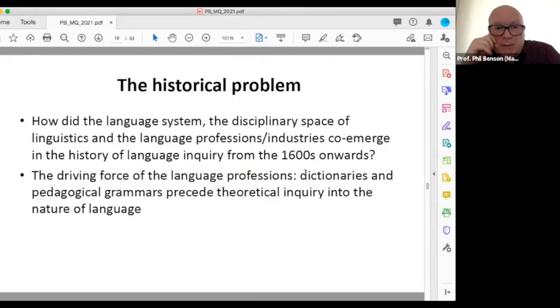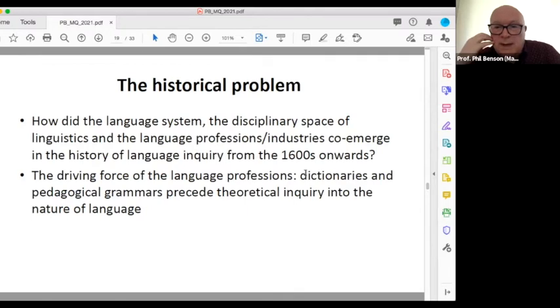But the problem is how did the language system, as the object of inquiry, the disciplinary space of linguistics, and the language professions and industries, how did they co-emerge in the history of language inquiry, basically from the 1600s onwards? And also to think about what is the driving force behind all this, and the role of the language professions and industries in this.